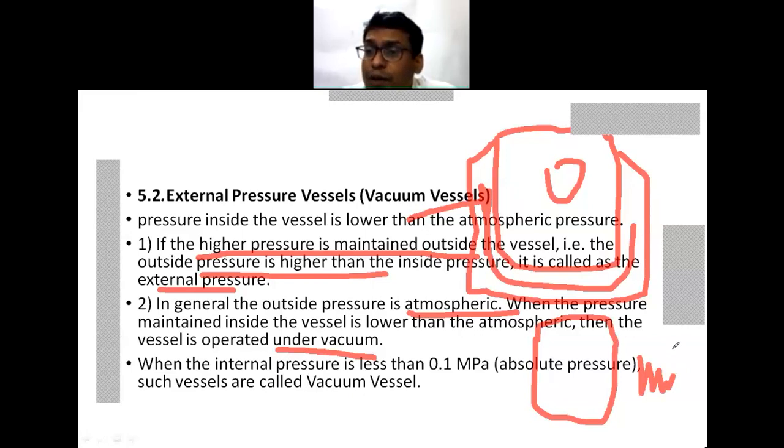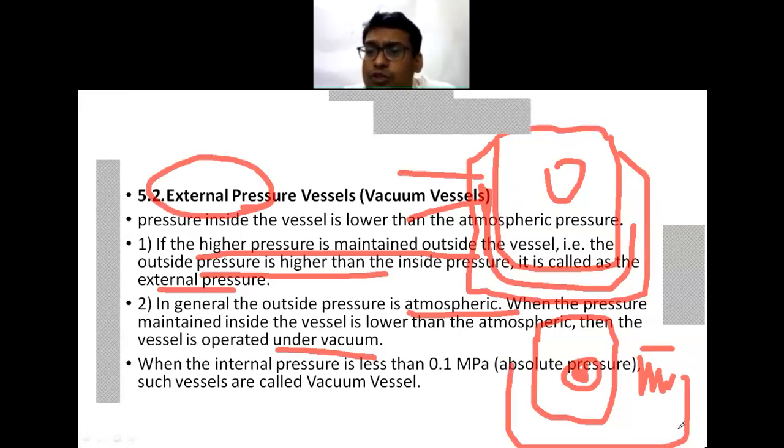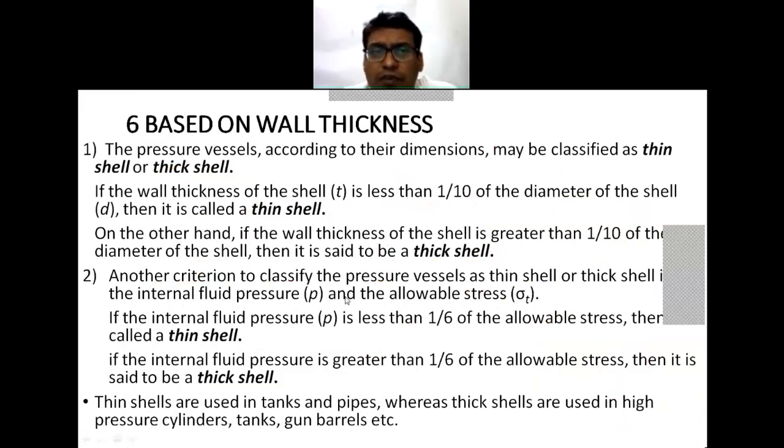So the inside pressure is less than the surrounding pressure, and that is why it is called the external pressure, because the external pressure, the outside pressure, is the surrounding pressure. So these are the internal pressure as well as the external pressure vessels. The next is based on the wall thickness.